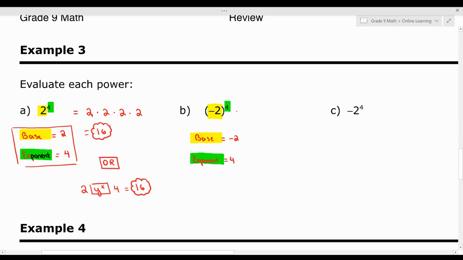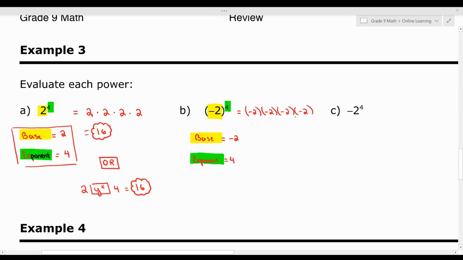So if I were to write this out as repeated multiplication, now because it's a negative number, I would probably use brackets. So that means I have negative 2, negative 2, negative 2, negative 2. So I have that base, negative 2, 4 times. 1, 2, 3, 4.